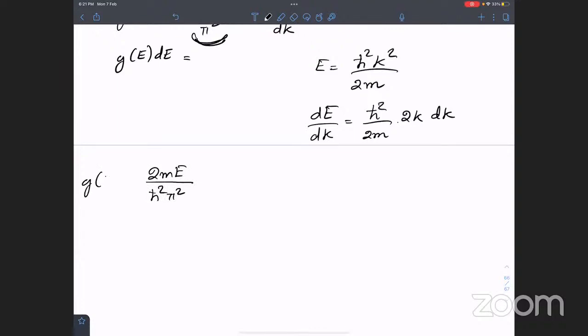So G of E finally is given as 2mE by h bar squared into h bar squared by 2m into 2k, where k is again the root of 2mE by h bar squared.